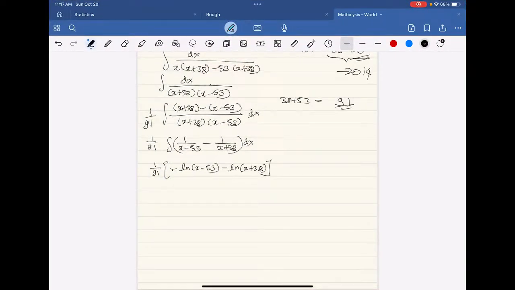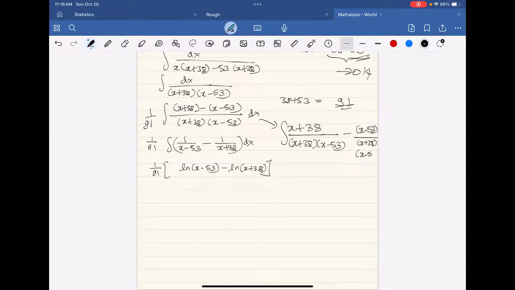Oh, wait, how... there's no minus because the x doesn't have a negative coefficient. Okay, wait, how did you arrive at x plus 38 minus x minus 53 in the numerator? So how did I arrive at that? I basically introduced that by myself, so that if I break this into individual fractions, there's definitely going to be cancellations, right?